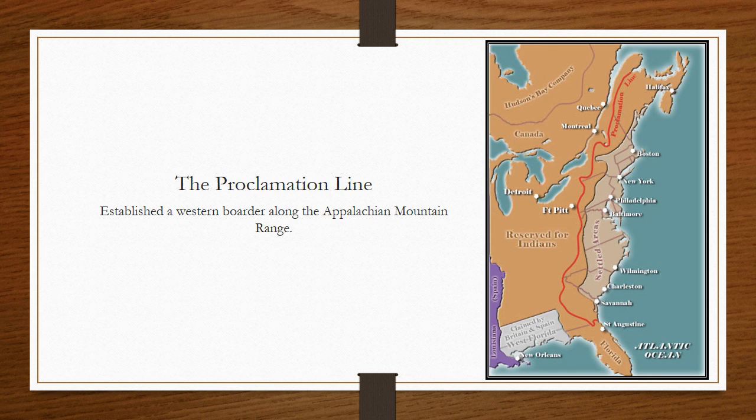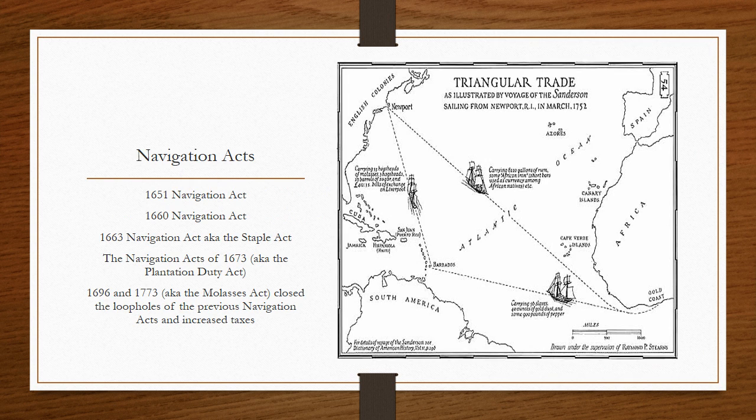But at the same time, that's what caused the French and Indian War. So the English establishing the proclamation line, they didn't want to have another conflict between natives, and they also reinforced the Navigation Acts.